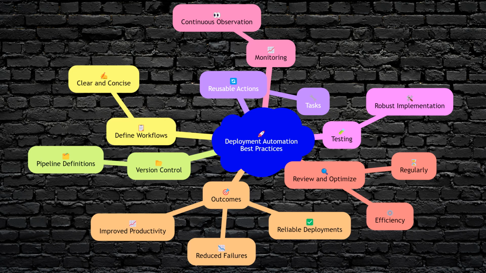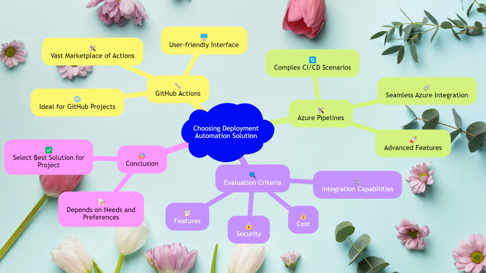overall productivity. In conclusion, selecting the right deployment automation solution is crucial for achieving successful CI/CD in DevOps. GitHub Actions and Azure Pipelines are both powerful tools with their own strengths and capabilities. GitHub Actions is ideal for projects hosted on GitHub, offering a user-friendly interface and a vast marketplace of actions.